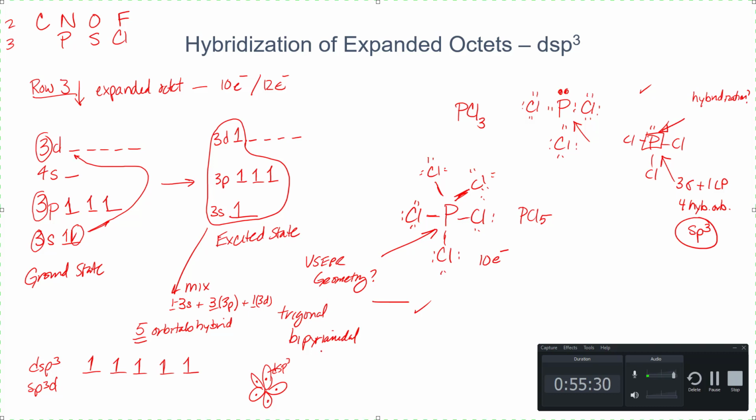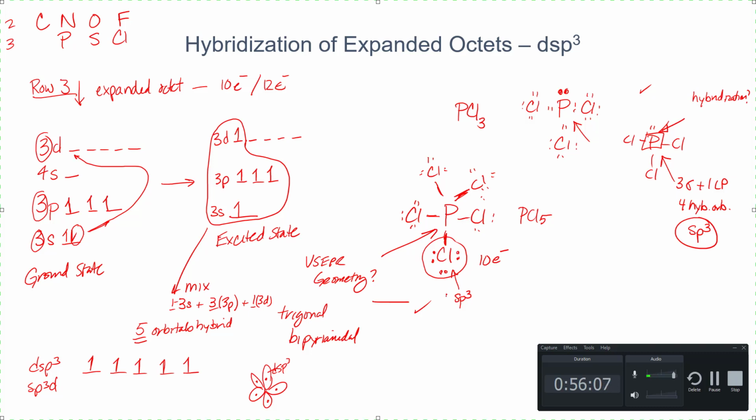And so what am I going to do? I'm now going to overlap the chlorines, and I'm going to form my PCl5. Now, the only thing tricky about this is what's the geometry and hybridization of that chlorine? It's sp3 because it's got 3 lone pairs plus a sigma bond.